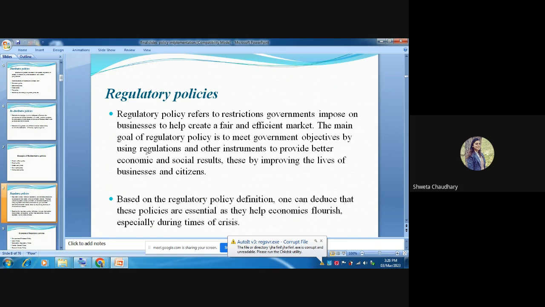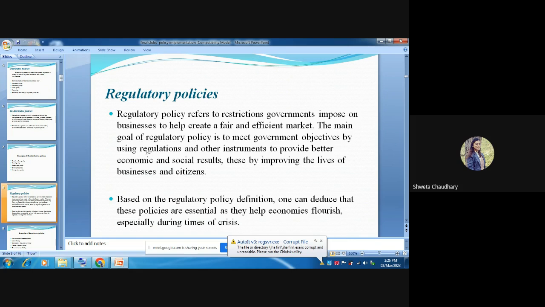So how these are regulated for assessing the demand and supply of money in the economy, for contraction and expansion of money in the economy, what the different regulatory policies are, and how the interest rate is regulated.